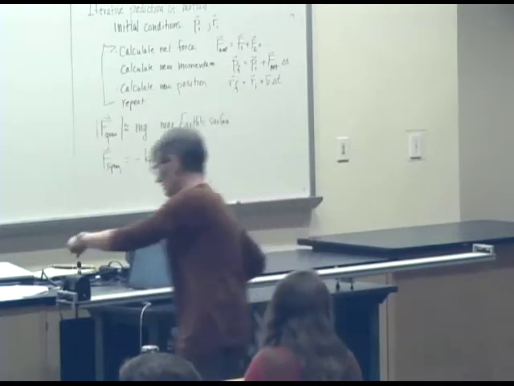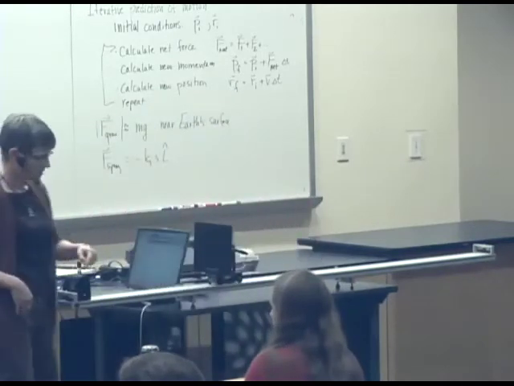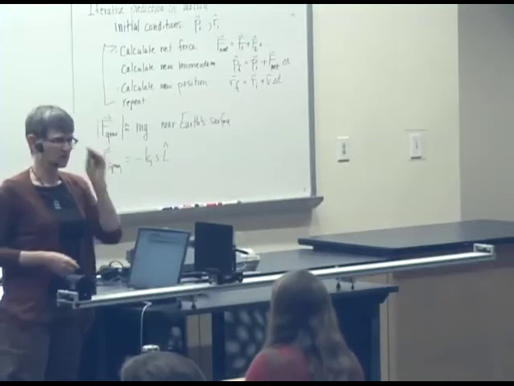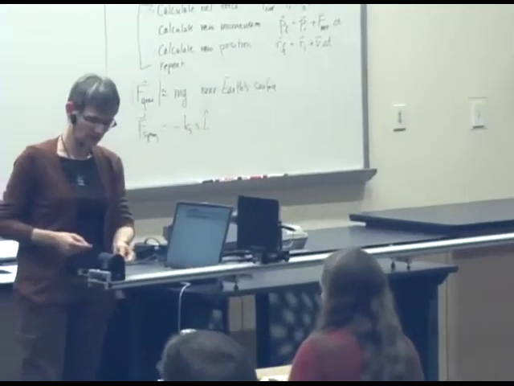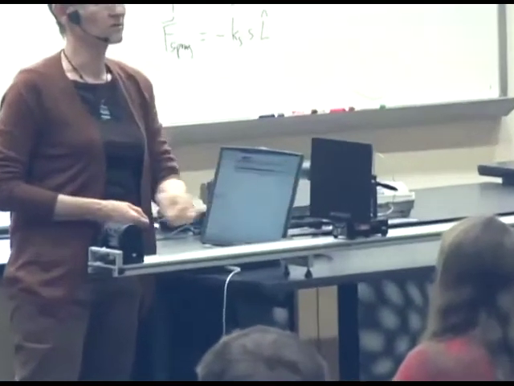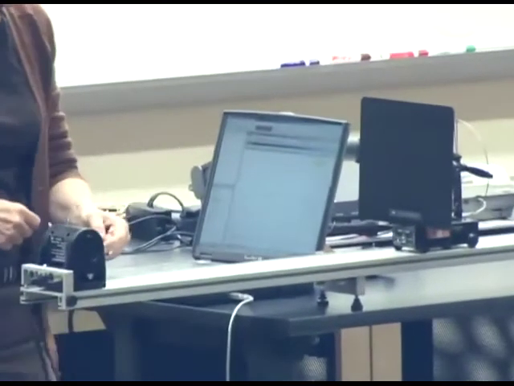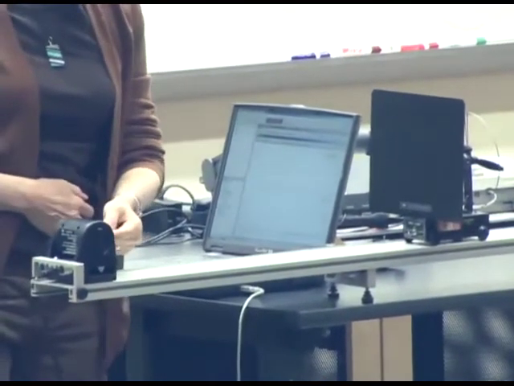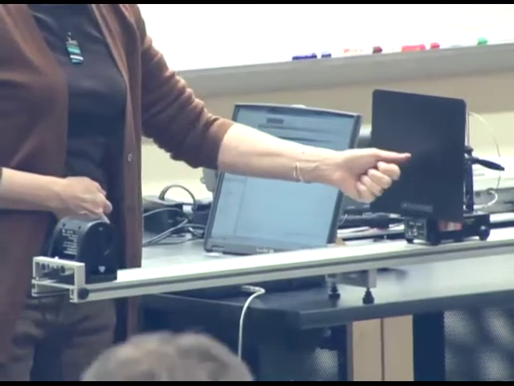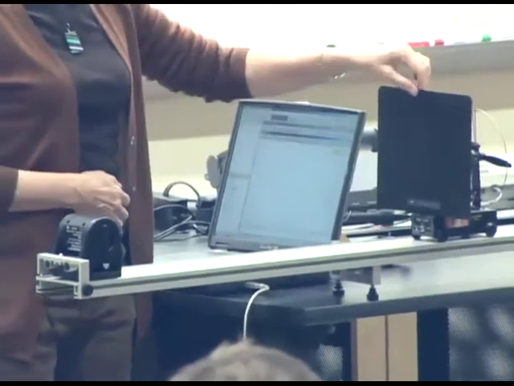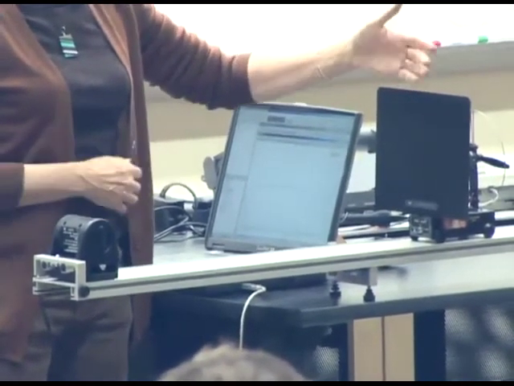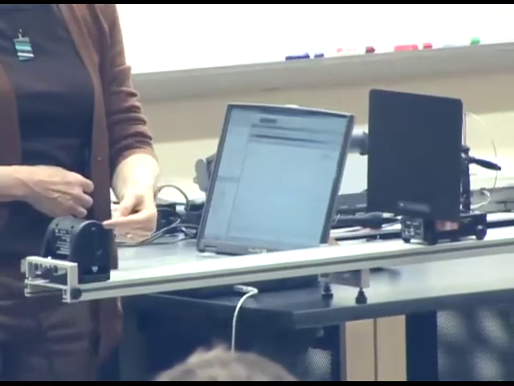What this thing is, is a motion sensor. It works by emitting little ultrasound pulses, little pulses that are too high for us to hear. And they reflect off the cart. This is what this sail is for. It just makes a better reflector. And then there's a detector here.